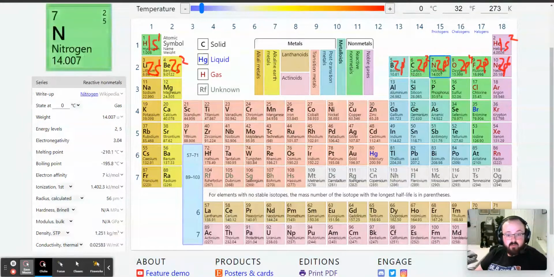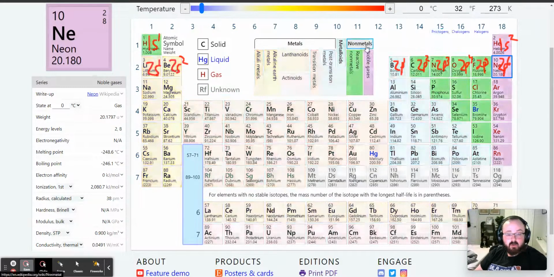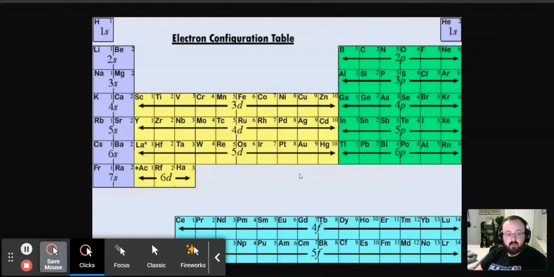So we start to see this pattern form, that there are 6 electrons from group 13 to 18 in this period.